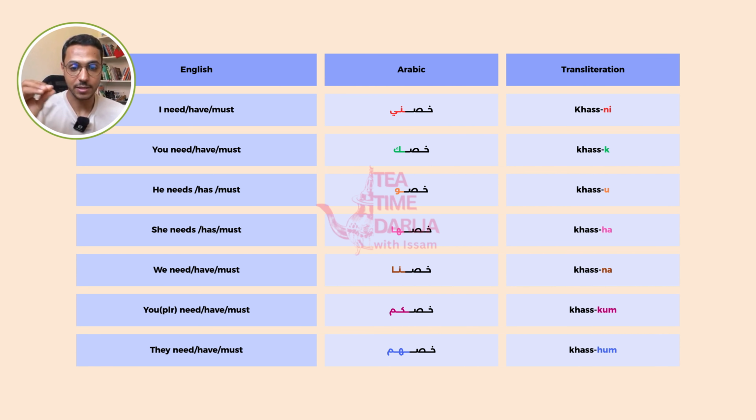We need to, we have to, we must: khasna. You all need, you all have to: khaskum. They need or they have to or they must do something: khashum. Okay?